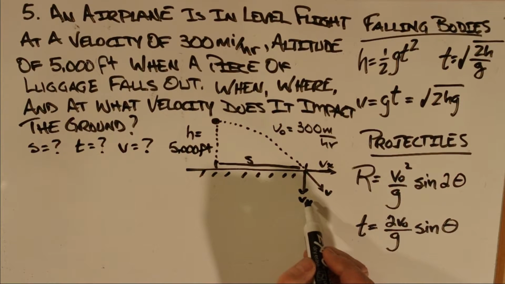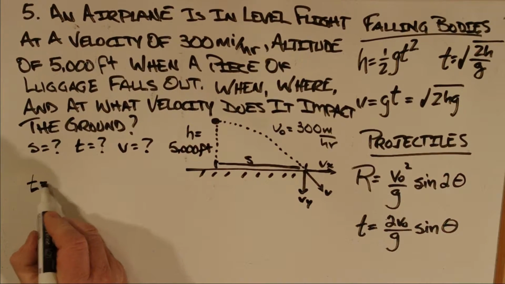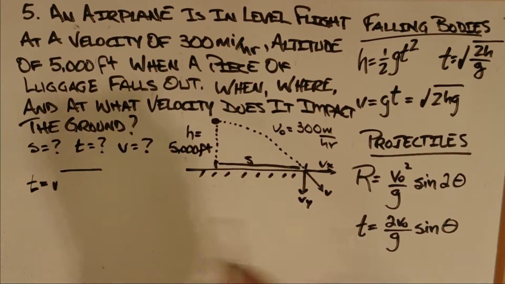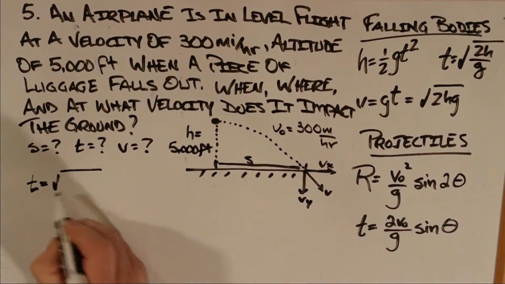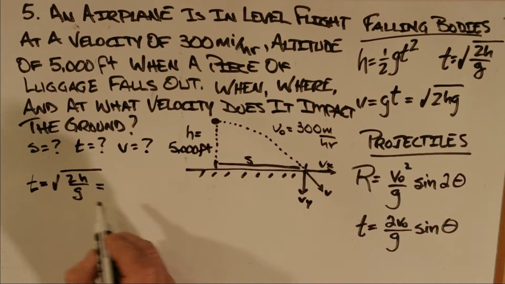Velocity of course is going to be the components of the horizontal and the vertical velocity. So the amount of time it takes to reach the ground is going to be, as before, the square root of 2 times the height divided by the gravitational constant.